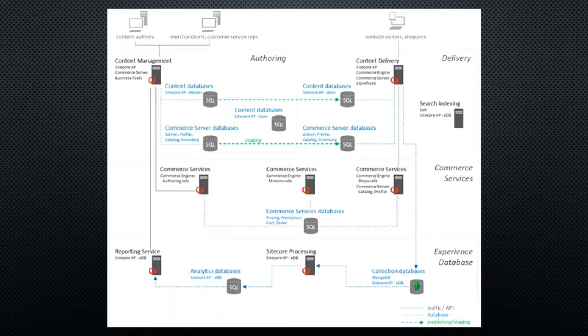Now when it comes to commerce service, you have three different services: commerce engine, authoring role, and minion, which is the job. You can have a separate server for that, and this one serves all the shopping APIs and things.